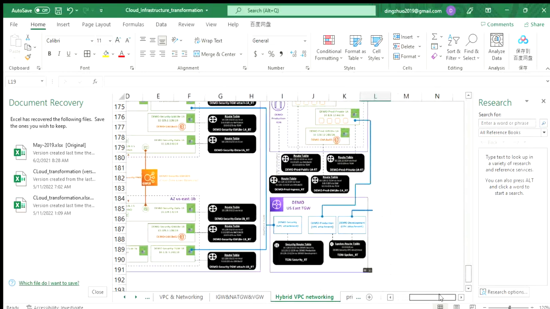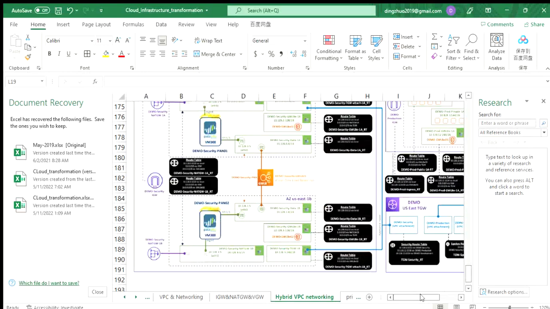So for today's discussion, we looked at three different key elements for large MNC customers. Best practice number one, we're going to set up regional and global transit VPCs to remove that full mesh connectivity.